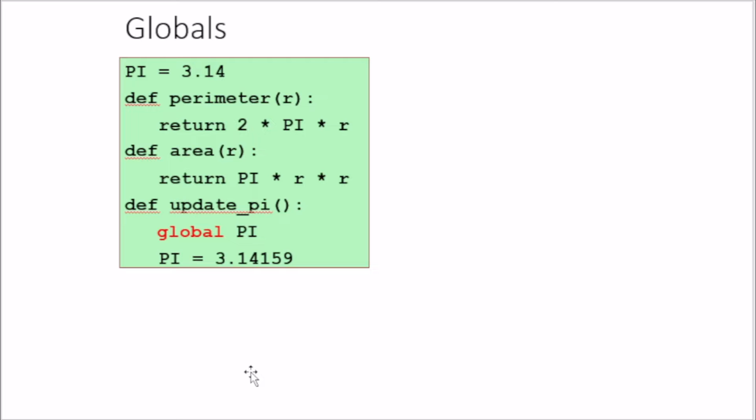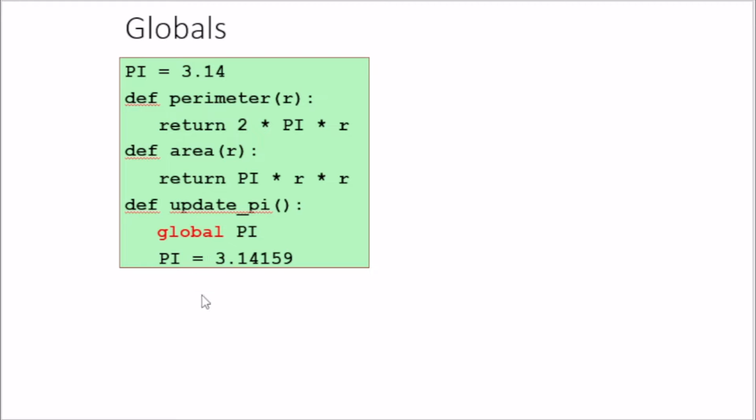And finally, we have defined an update pi function which is basically updating the value of pi. As we want the value of pi to be communicated to all the remaining functions as well, we have specified this by means of a global. The moment you specify pi as global, the value is communicated to all the functions.